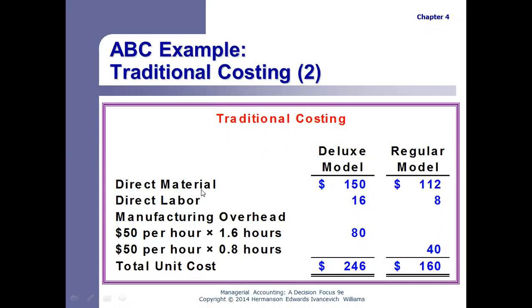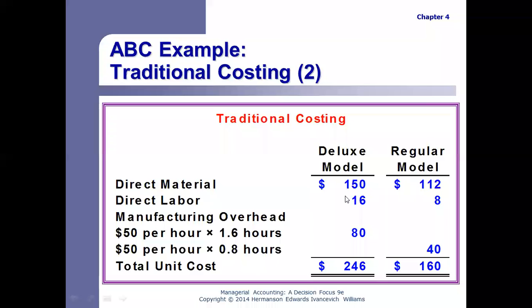So direct material, again, the three costs to manufacture a product are your direct materials, direct labor, and then your manufacturing overhead. Direct materials, we can trace and assign the actual cost of materials to each of the products.